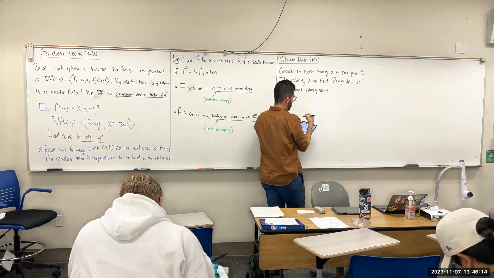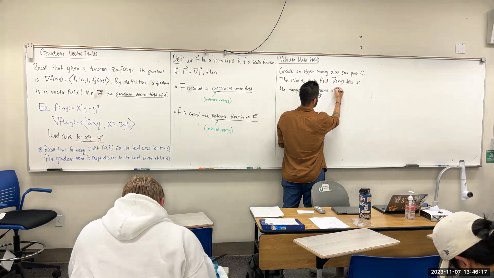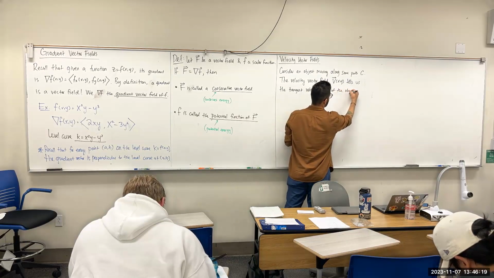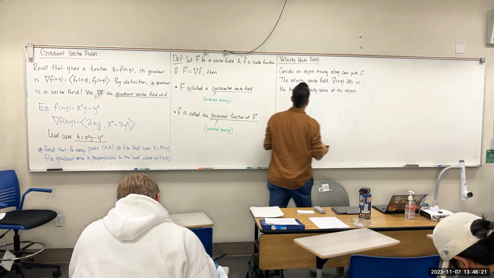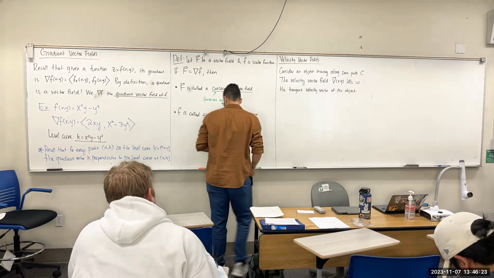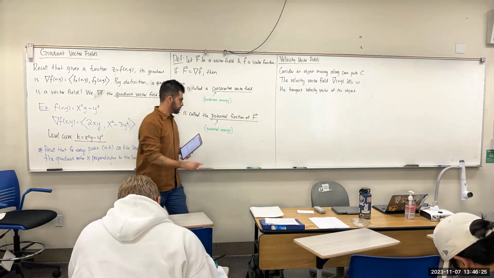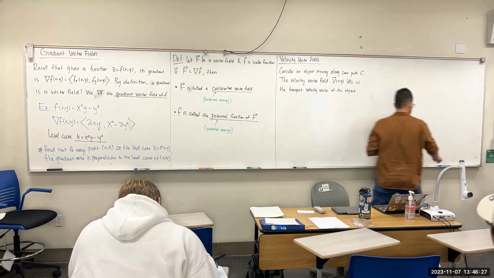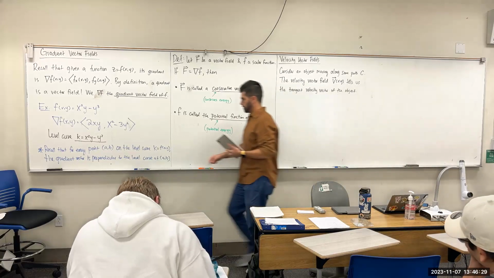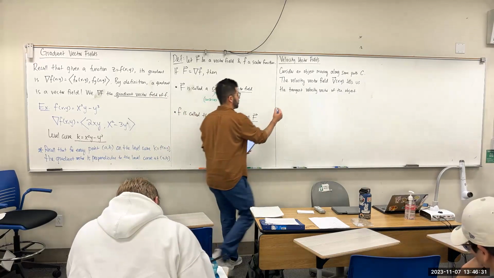It has to do with the tangent velocity vector of the moving object. So let me give you guys a visual. Okay. Let me show you, give you an example.